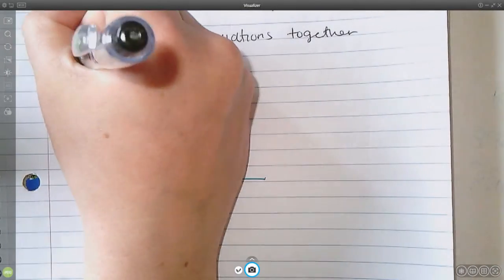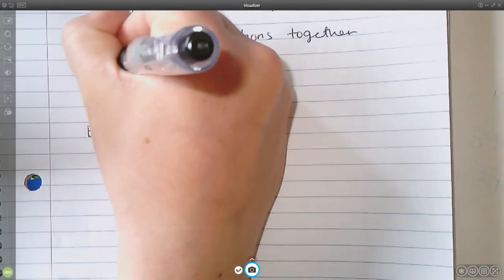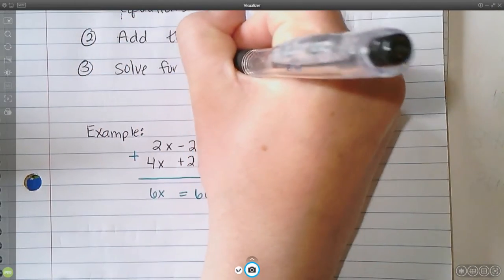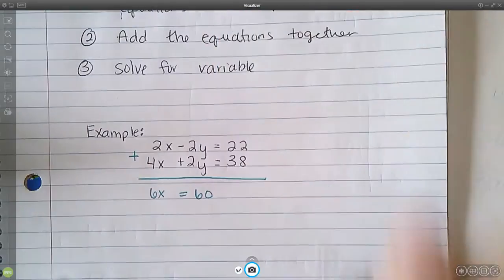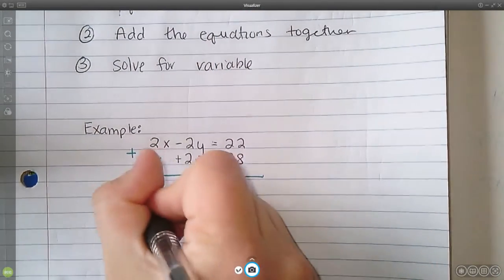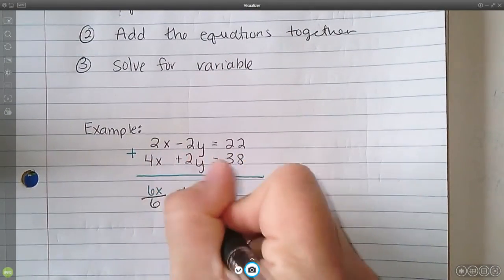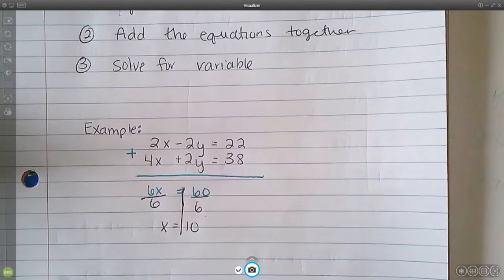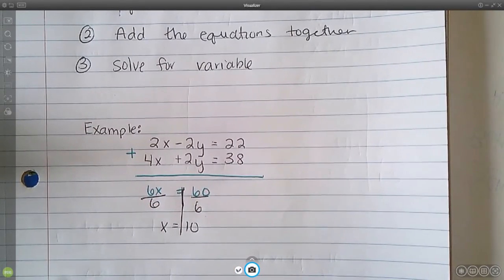Step 3 would be solve for variable. Okay, so let's solve for this. So divide both sides by 6. And we get x equals 10. Okay, so step 3 is done.